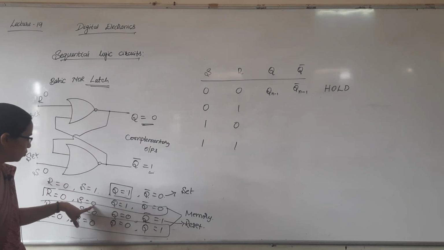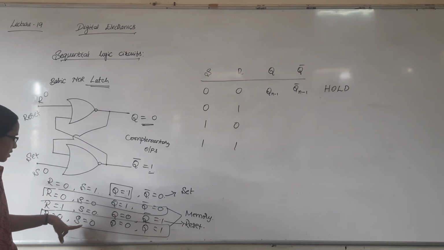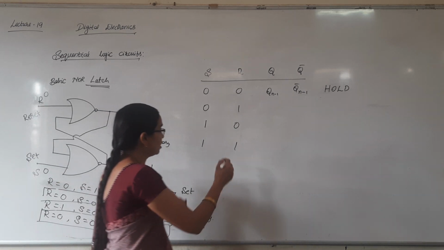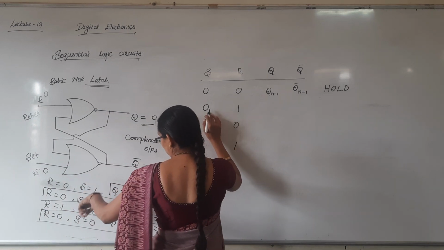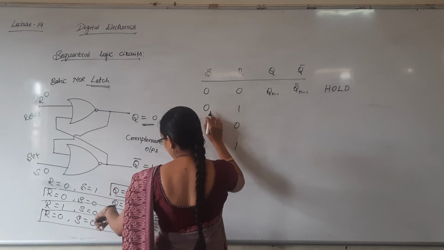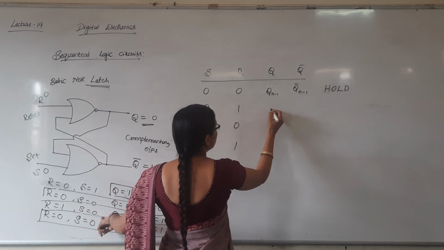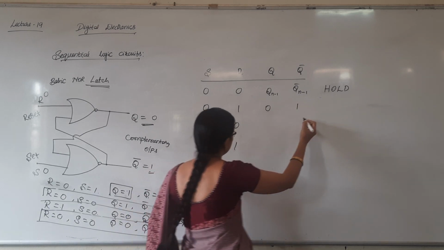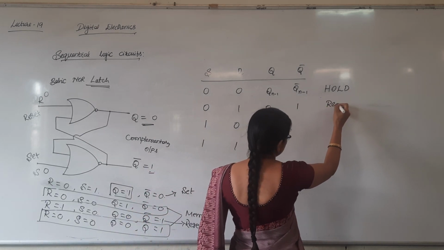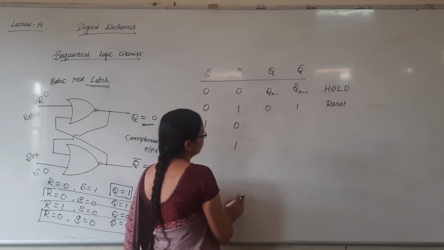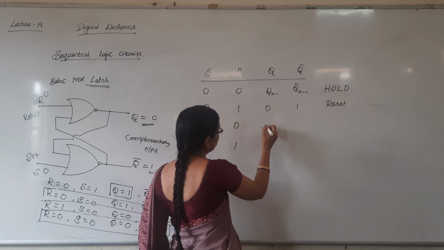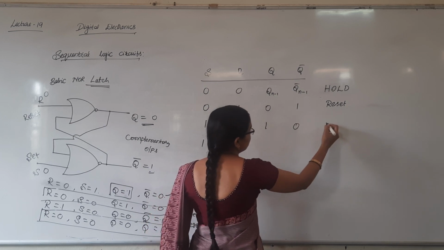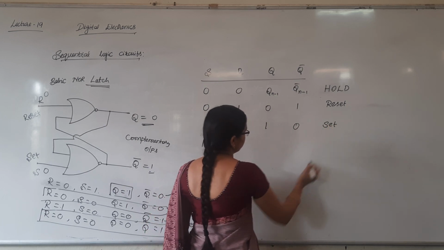When I made R is equal to 0, S is equal to 0, it retained the previous state. Whereas when I made S is equal to 0 and R is equal to 1, that time Q is 0, Q bar is 1, and it is called the reset state. And S is equal to 1, R is equal to 0, Q is equal to 1, then it is called the set state.